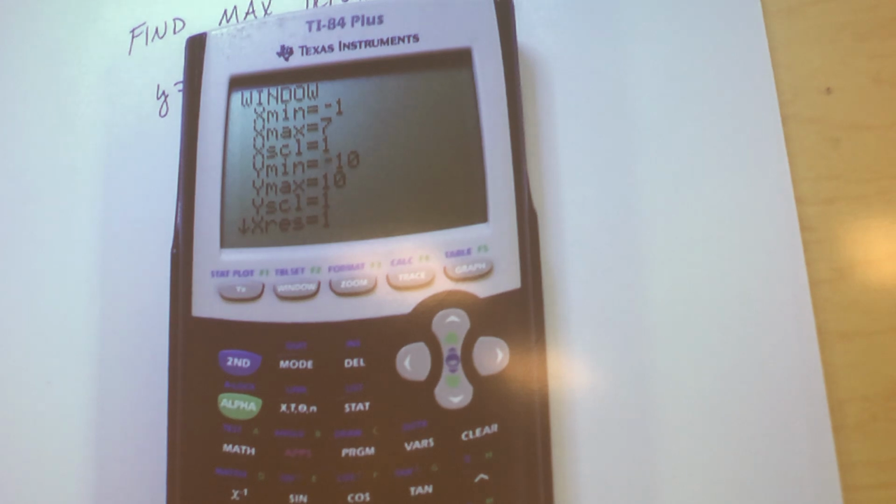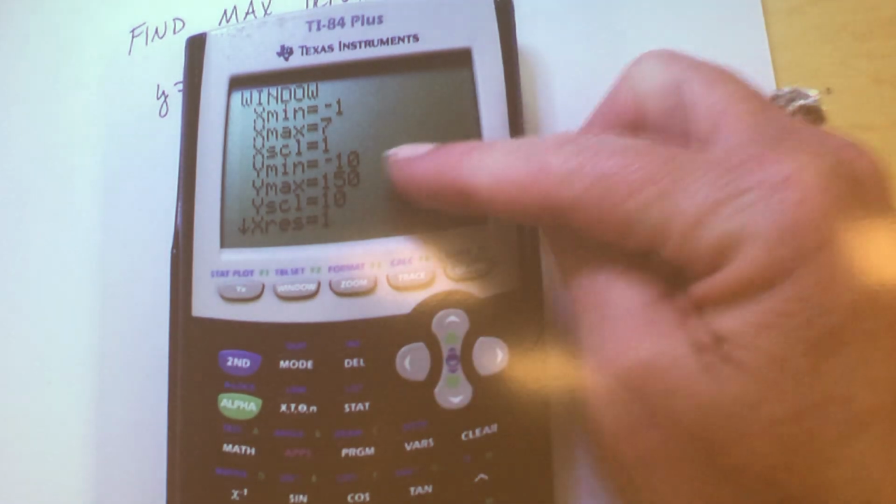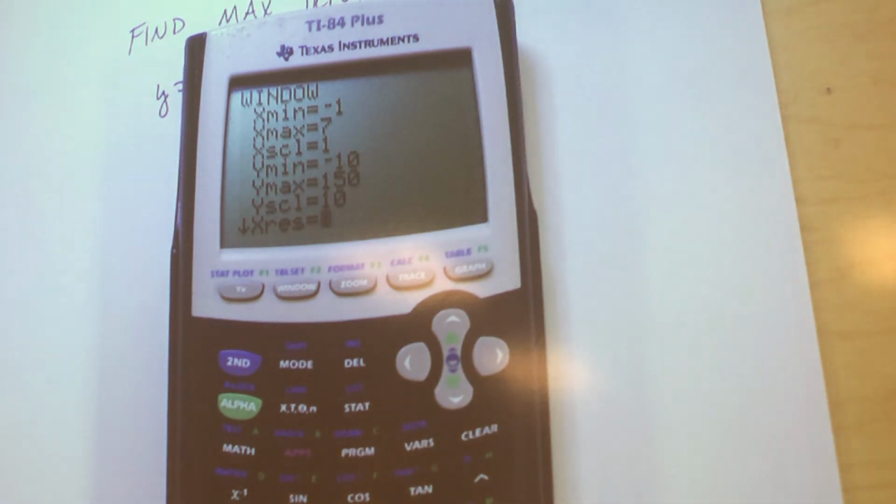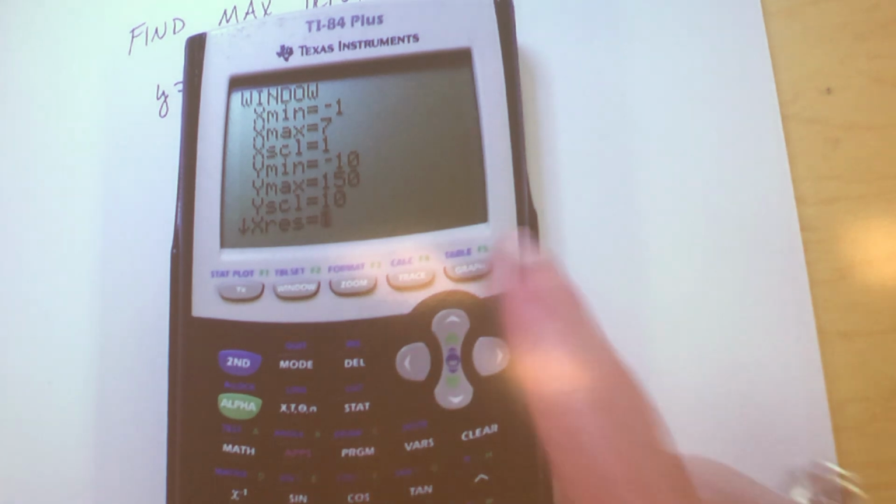Obviously, 0 would be where it starts. Okay? The lowest that it's going to be. And the maximum, we already know. We found it. What was it? 147. So how about, I'm going to go to 150. And I'm going to go by 10, so I'm going to go from -10 to positive 150 and go by 10s. I'm only doing the negatives because I like to see the axis, okay? I don't like stuff to be on the edge. So I'm going to graph it.